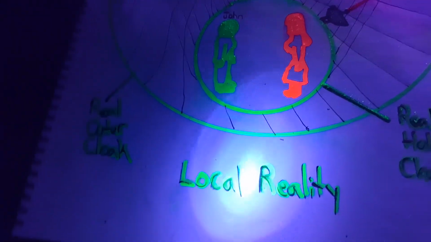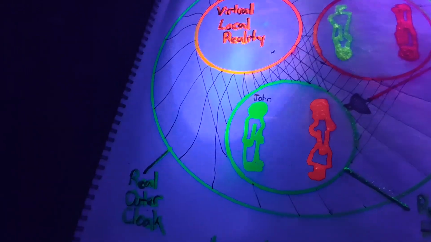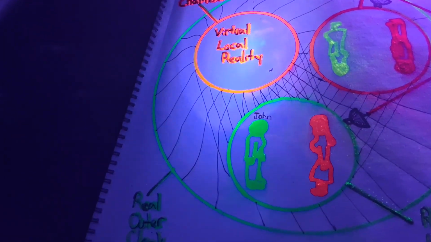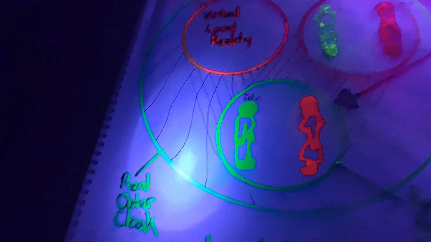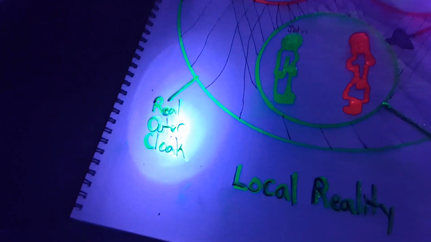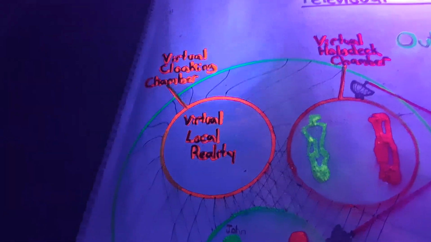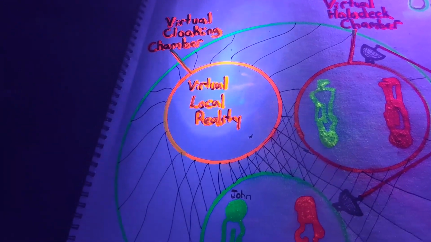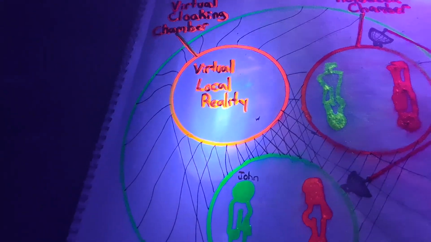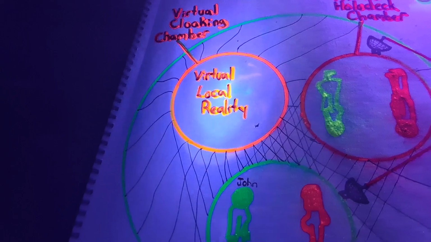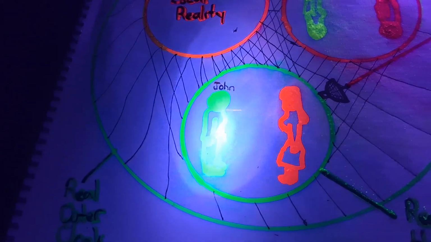So this is his local reality, his televisual portal cross-section, and these lines are the optical, electrical wiring harness that connects the real outer cloak shell to its virtual local reality, the virtual cloaking chamber inside. And it's in orange because it's virtual. And this is the real holodeck chamber where John steps inside.